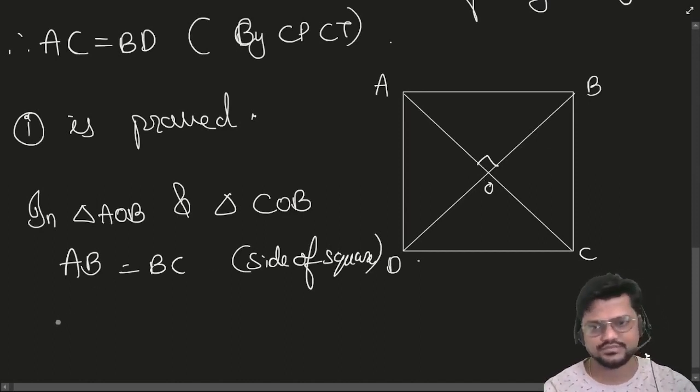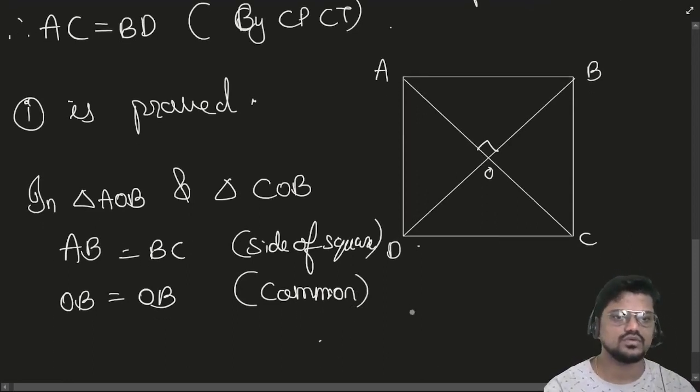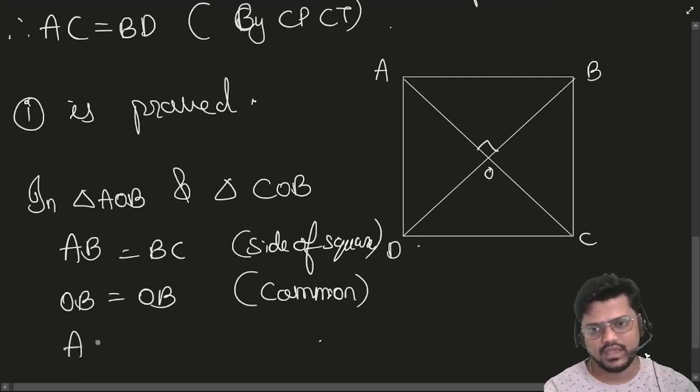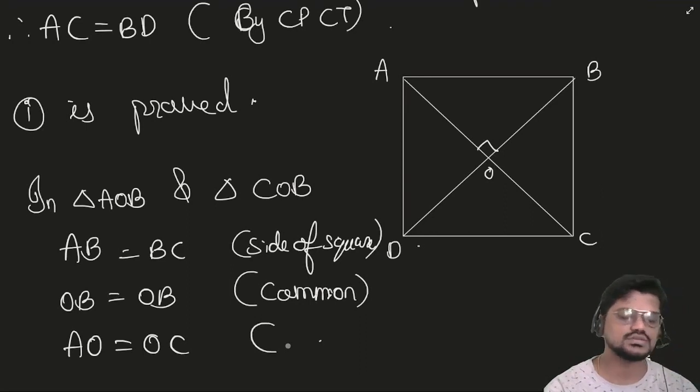OB equals OB, common. What other thing can we take? AO equals OC. What will be the reason? Because diagonals of a square bisect each other. Bisect means they divide each other into equal parts. Got it?